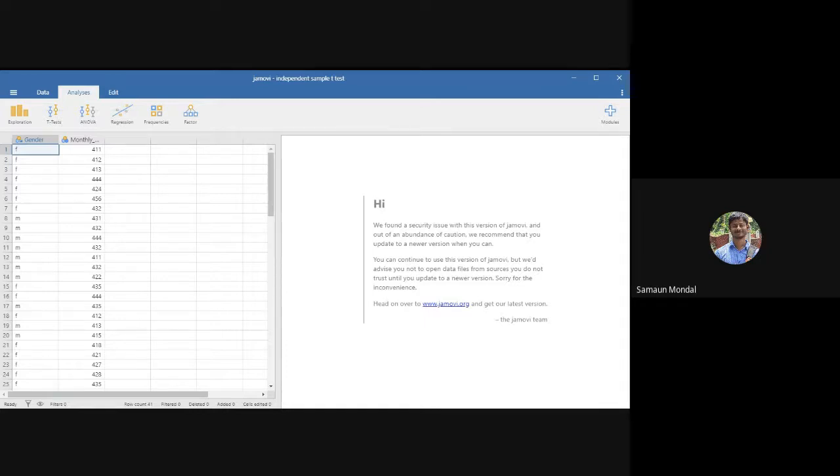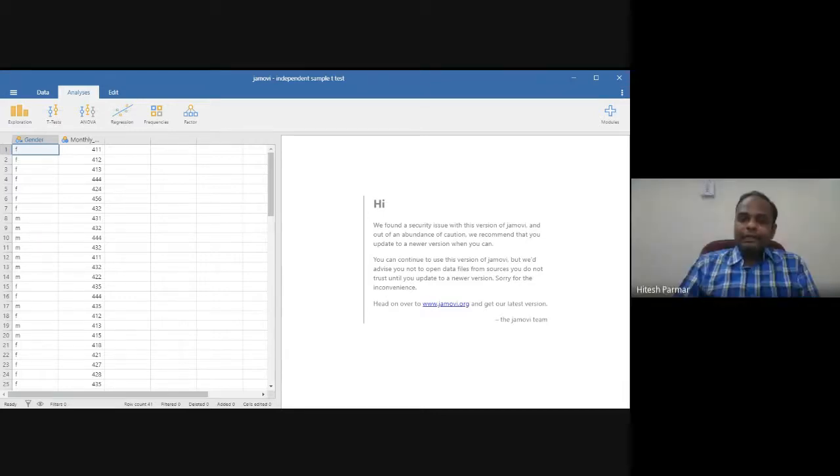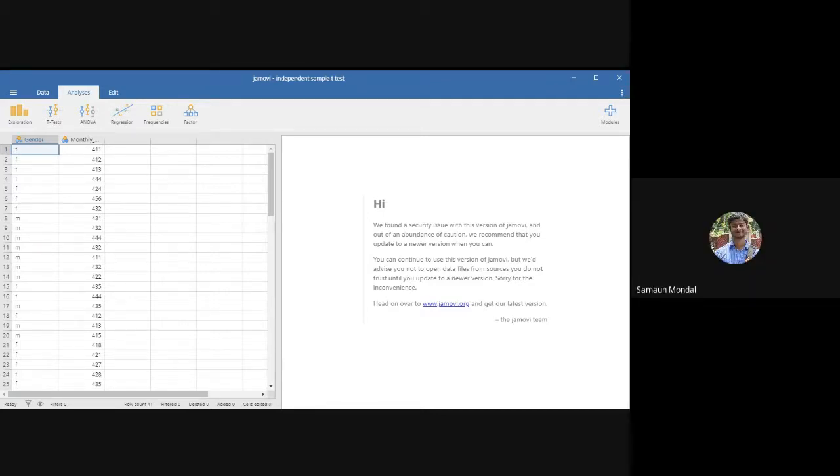Yes, sir. Maybe is there any significant difference between rural and urban people in monthly electricity bill? Rural and urban population, monthly electricity bill. Okay, yes. So monthly electricity bill is a ratio variable. Rural and urban will qualify as a dichotomous variable. The answer is perfect.